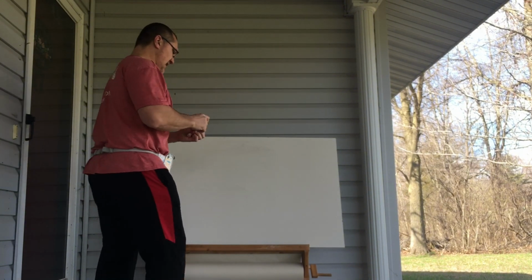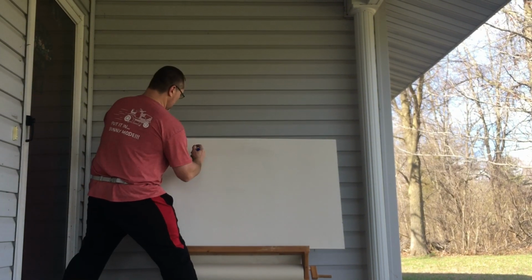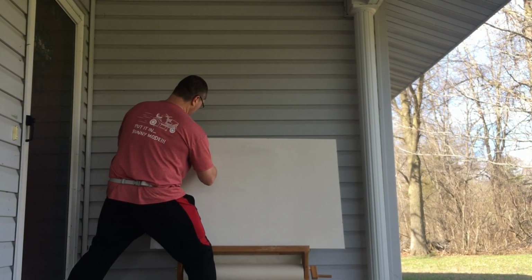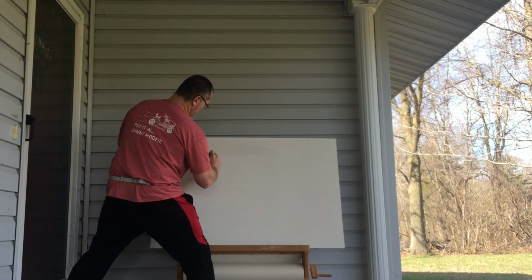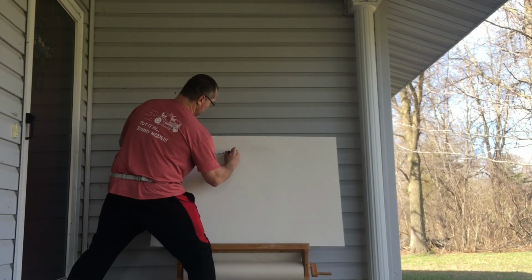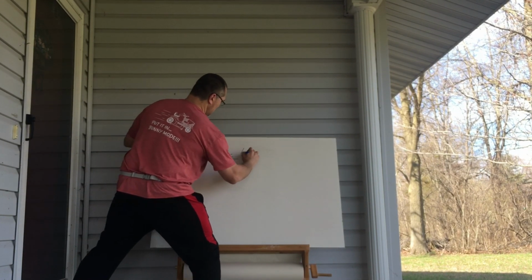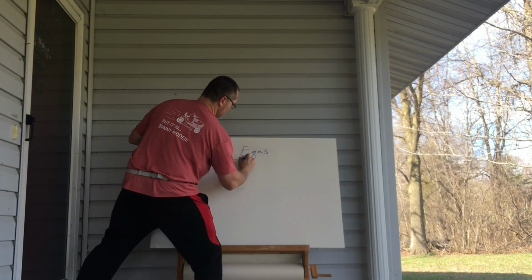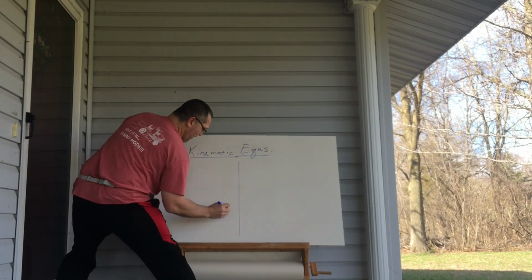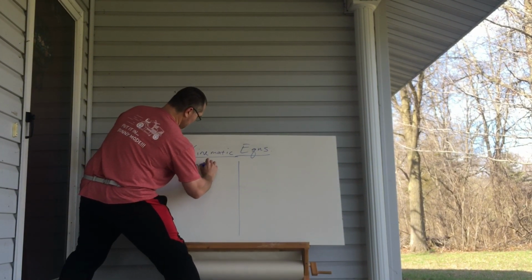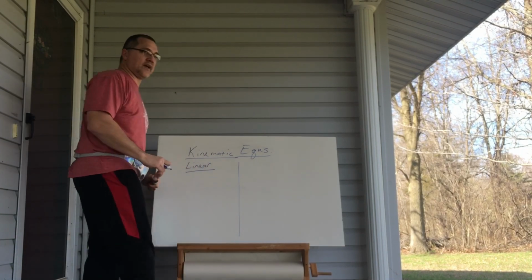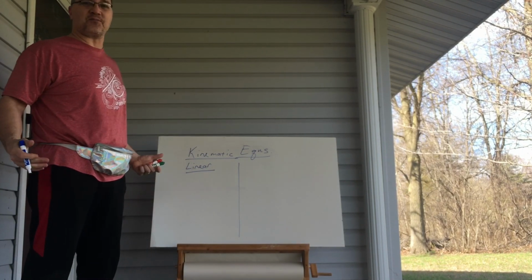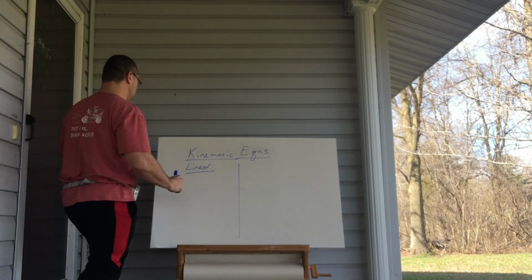So this is what you're going to have to know. We started off with four kinematic equations in the linear category, everything we have been doing up to this point. Here are your equations.